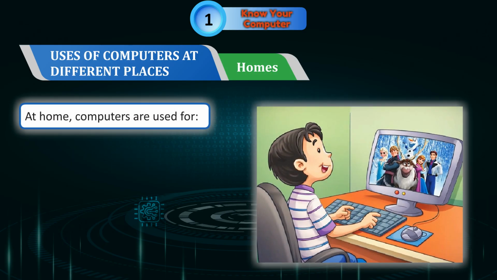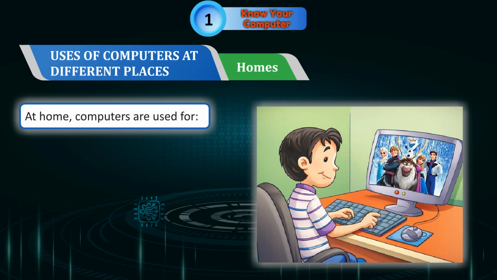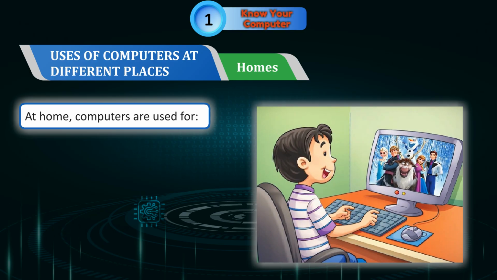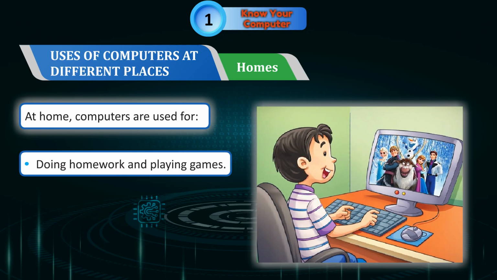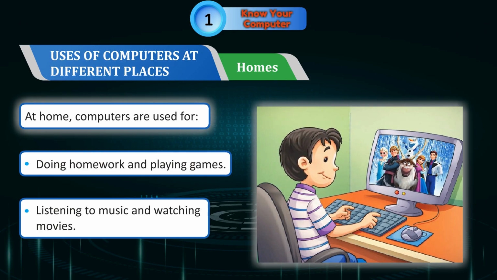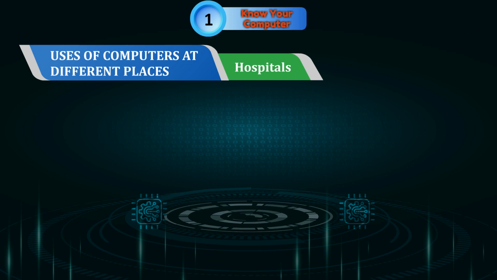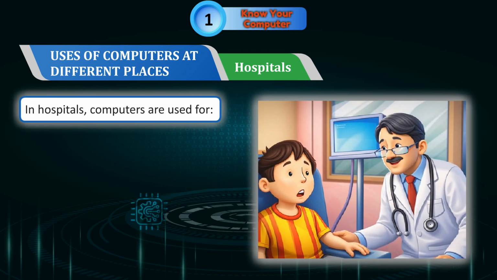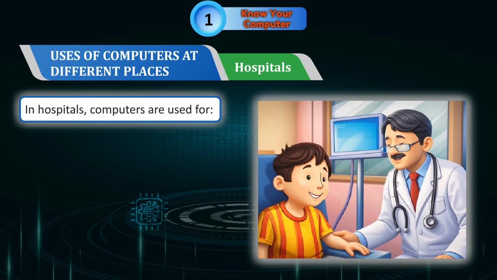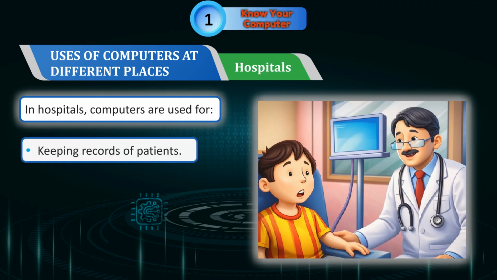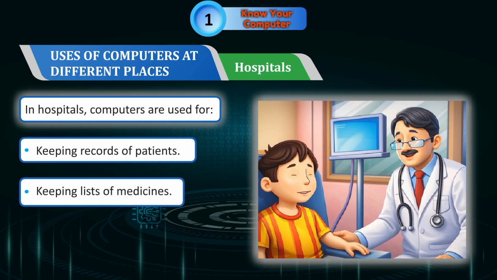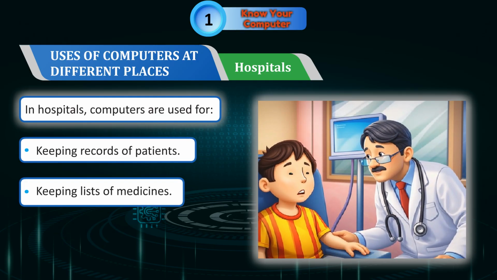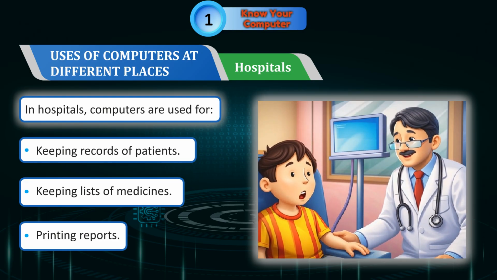Homes. At home, computers are used for doing homework and playing games, listening to music and watching movies. Hospitals. In hospitals, computers are used for keeping records of patients, keeping lists of medicines, printing reports.